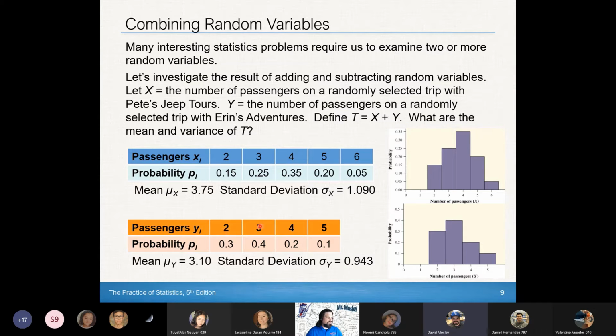She can only have from 2 to 5 instead of 2 to 6, and obviously the probabilities are slightly different. The fact that these are not the same size sets, with more options in x than in y, doesn't really matter. We can still combine these things. We have a mean for y of 3.1 and a standard deviation of 0.943.